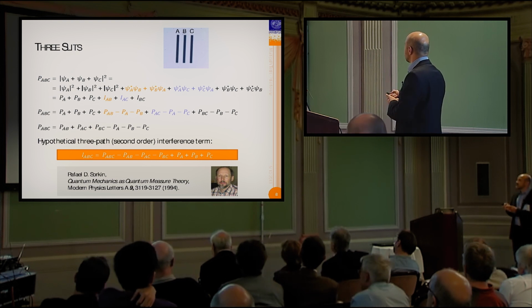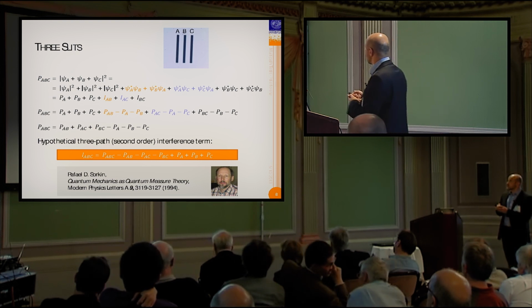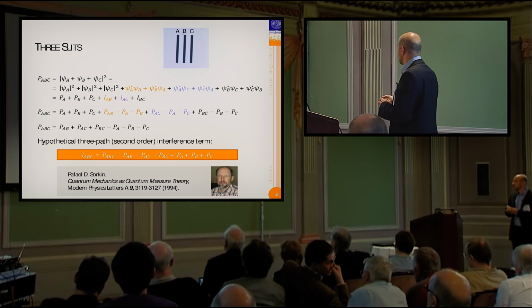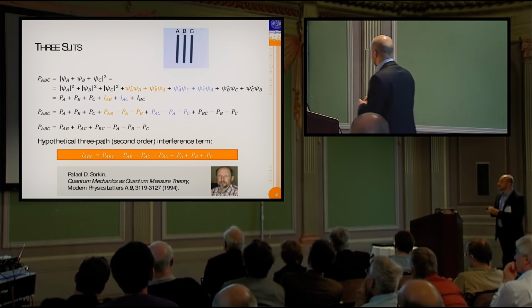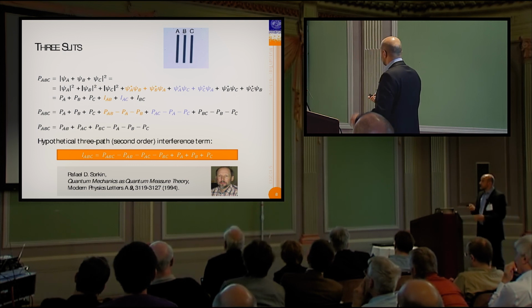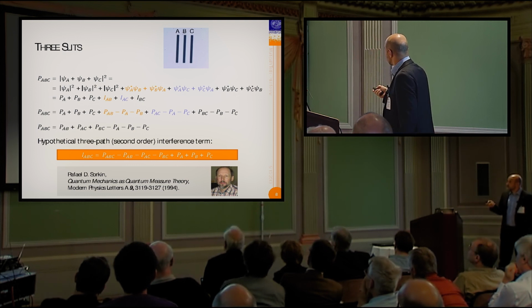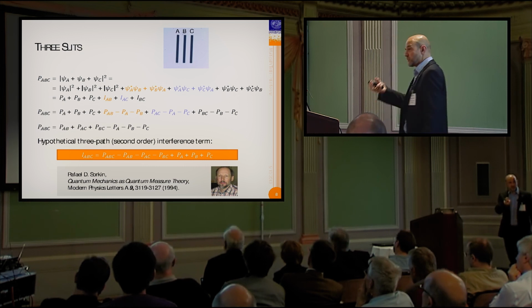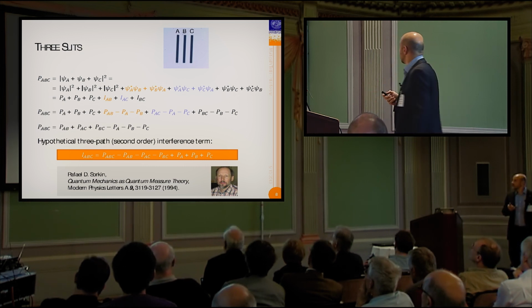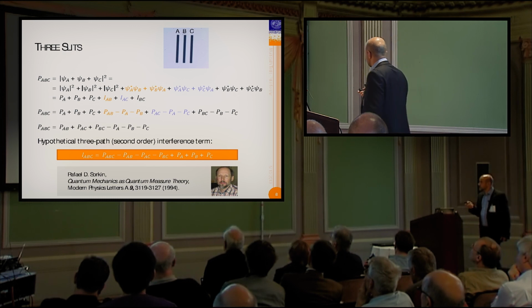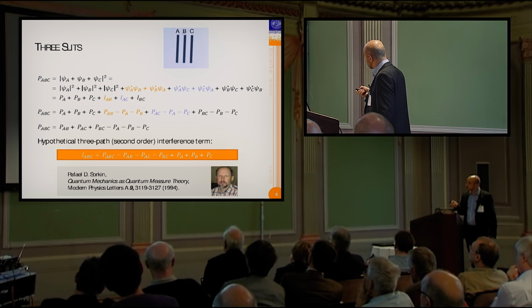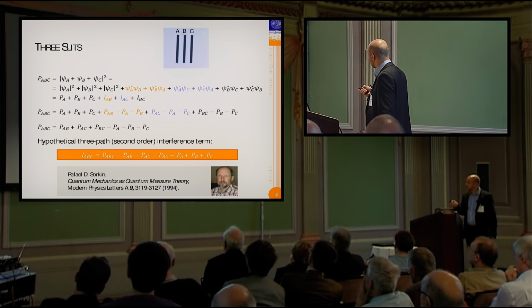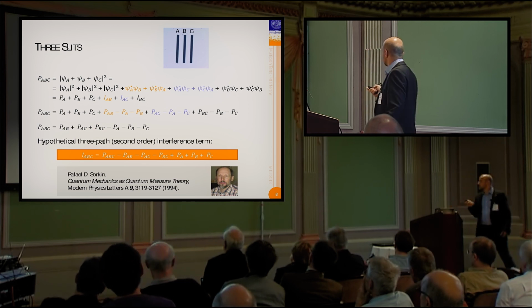Of course, assuming that these wave functions are orthogonal or non-overlapping, or in Raphael Sorkin's speech, mutually exclusive events. And so if I now expand this by replacing these interference terms with their definitions that I took from the double slit, I get this long expression which can be simplified into this, saying that the 3-path probability is really just the sum of the 2-path probabilities minus the single-path probabilities.